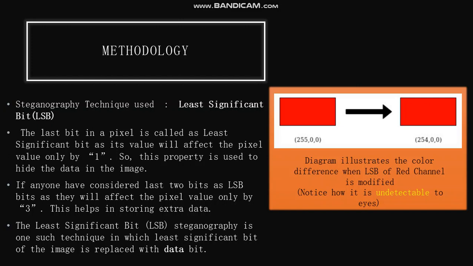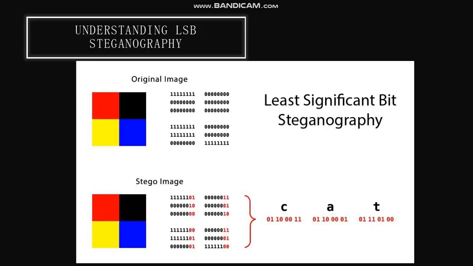Least significant bit steganography is one such technique in which the least significant bit of the image is replaced with a data bit. As you can see in this figure, this diagram illustrates the color difference when the LSB of the red channel is modified. Now, understanding LSB steganography.